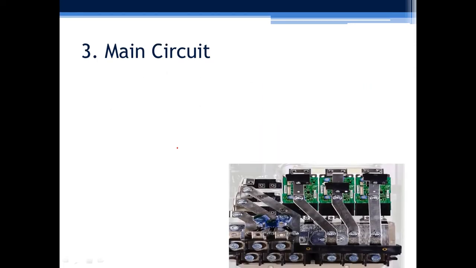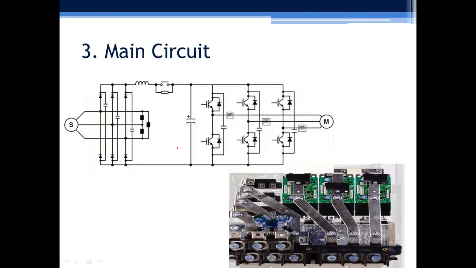Now the third section is called the main circuit. Here the main circuit consists of main power converters. On the input side you can see that you have a rectifier here. This will convert AC supply into a DC supply. This is called the DC link here. In this you have connected a number of devices.